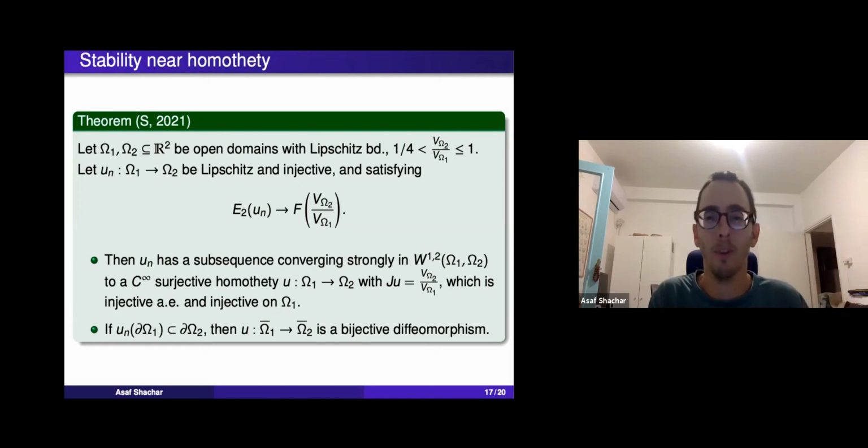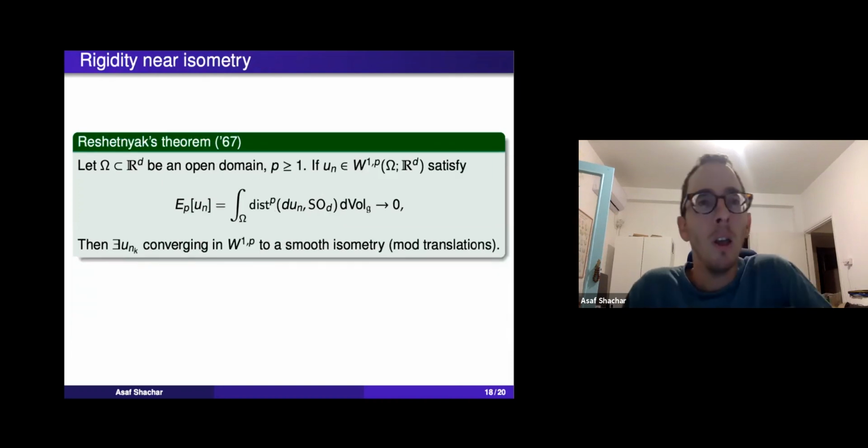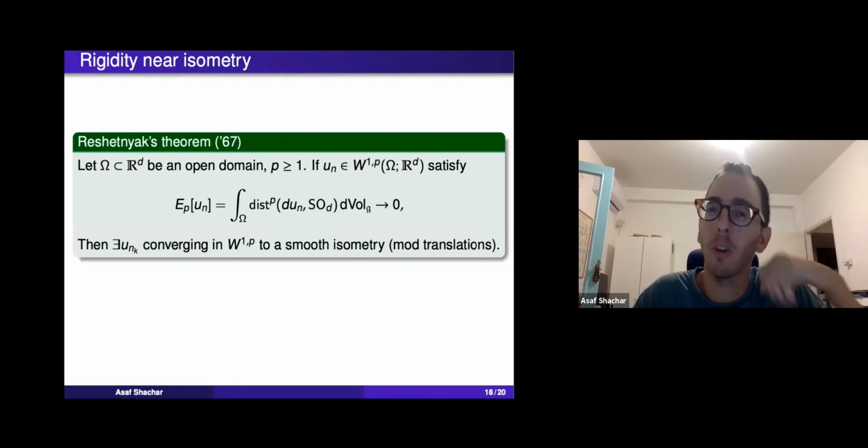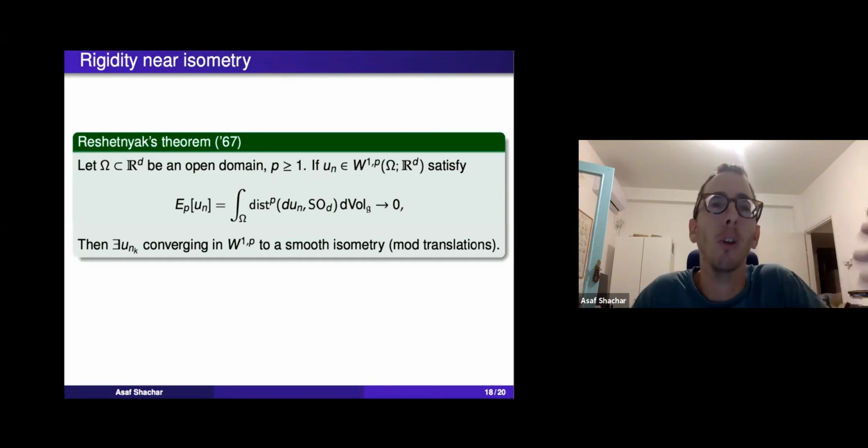Let's perhaps state a similar classic result, which in some sense is similar. This is a classic result of Reshetnyak, which says that in any dimension, for any exponent p, if you have a sequence of maps from Omega to R^d whose elastic distortion energy tends to 0, then there exists a subsequence which converges to a smooth isometry.